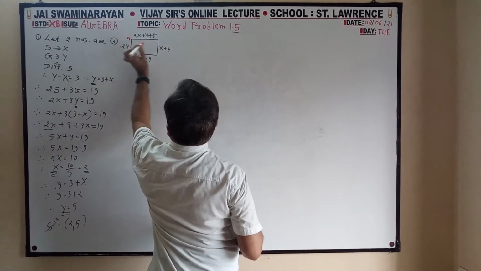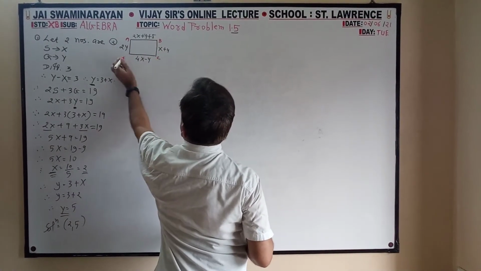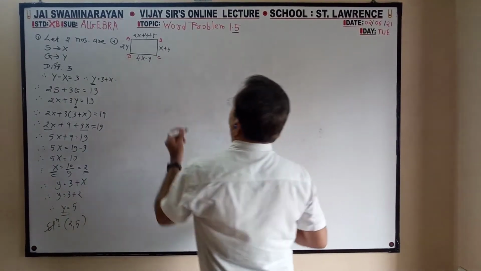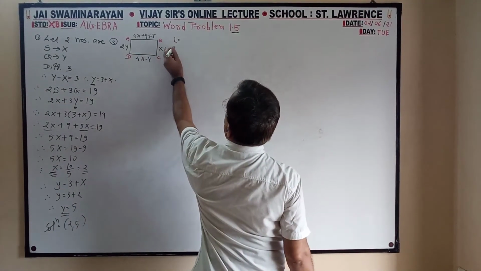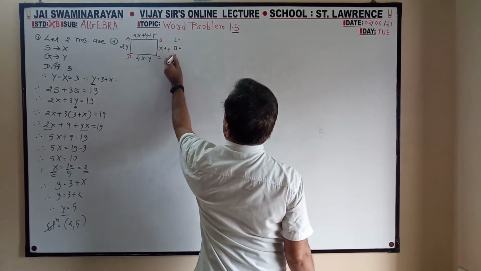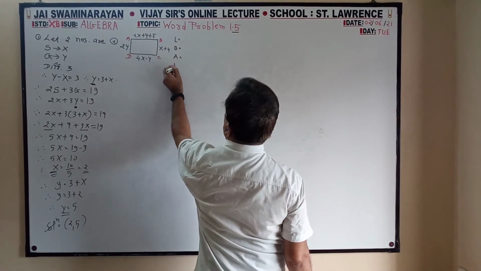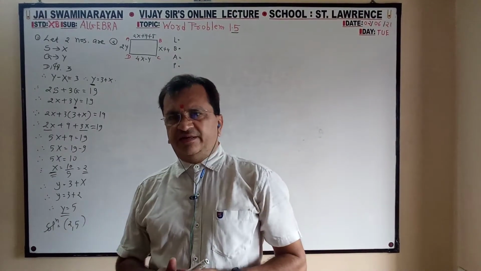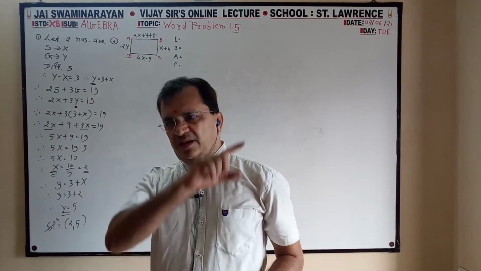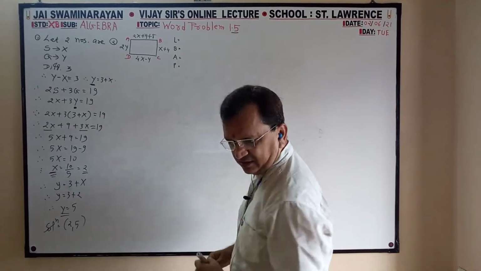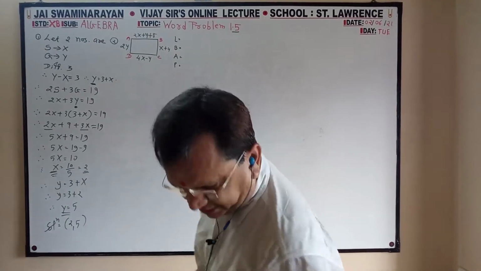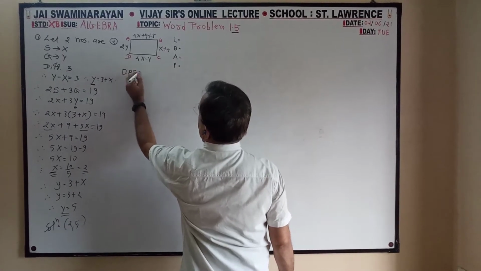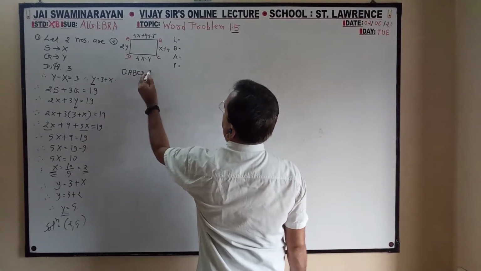Now this is ABCD. We have to find the length, the breadth, the area, and the perimeter. Four questions are there, one diagram is given, four sides are given, and it is given that it is a rectangle.